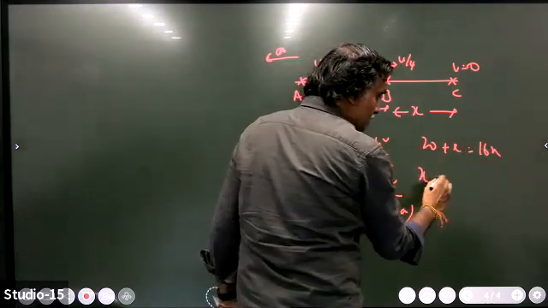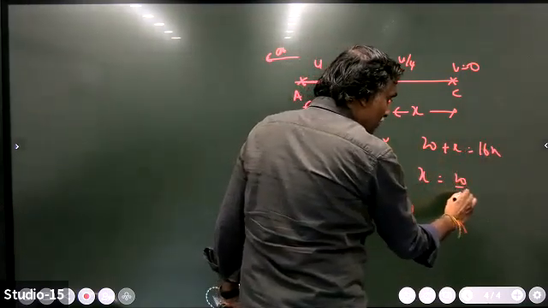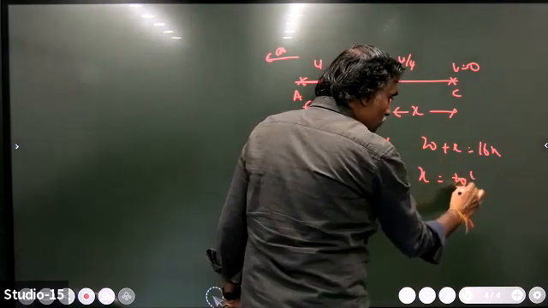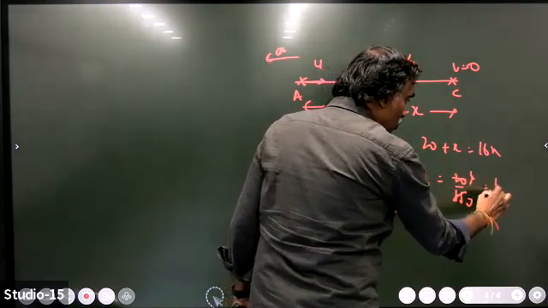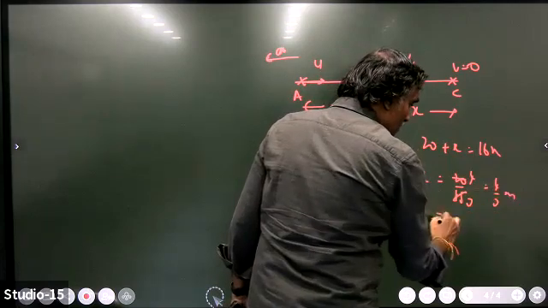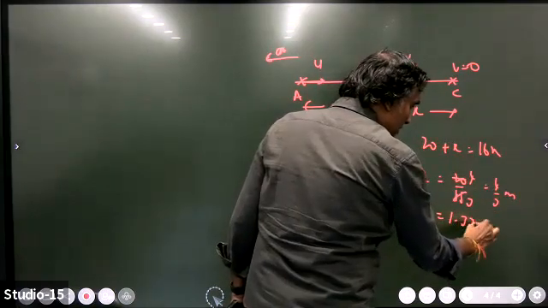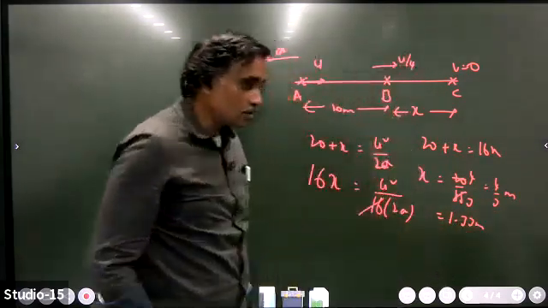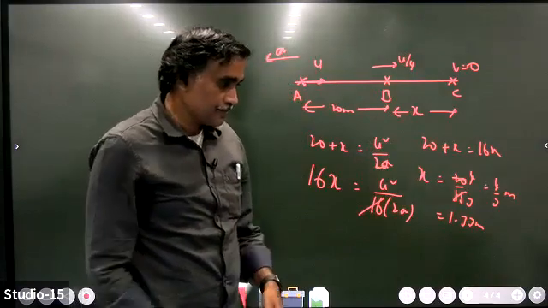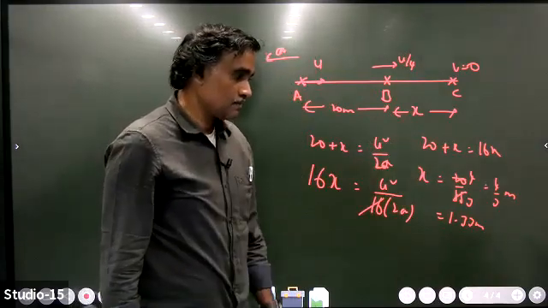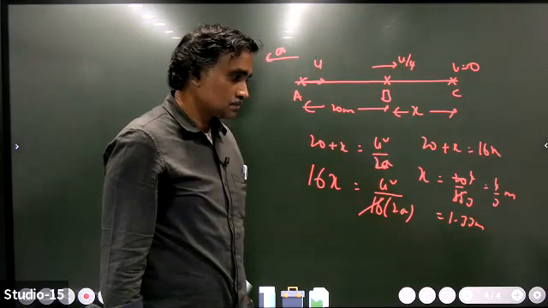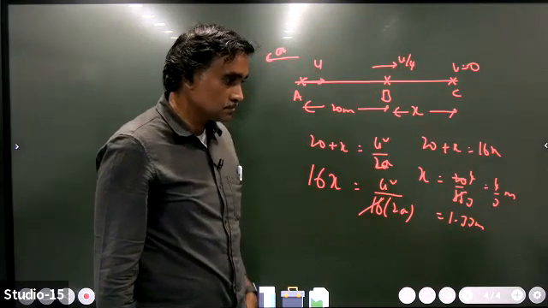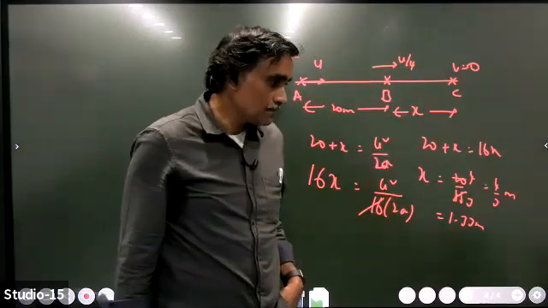So x is 20 by 15, that is 4 by 3 meters, which is 1.33 meters. Okay. Any doubt?